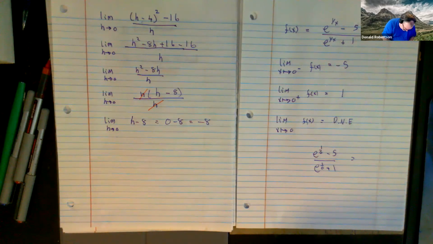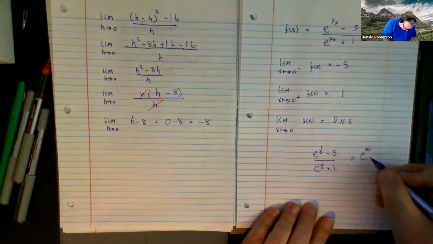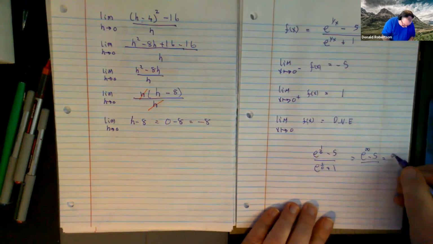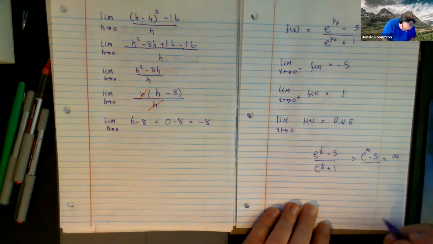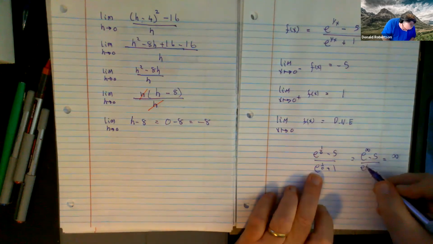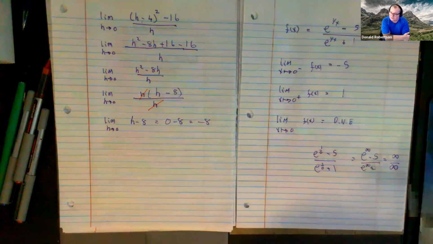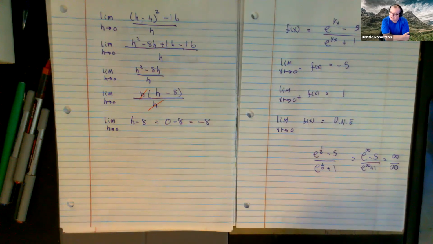And would you agree that e to the infinity take away 5 is still going to be infinitely big? And won't e to the infinity add 1 also be infinitely big? Do you see that the brute force doesn't work, unfortunately? But sometimes you don't know until you've tried, right? So you've learned something. This one doesn't work with brute force, but maybe the next one will.